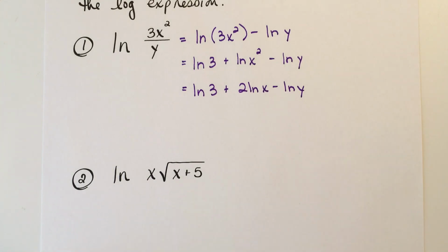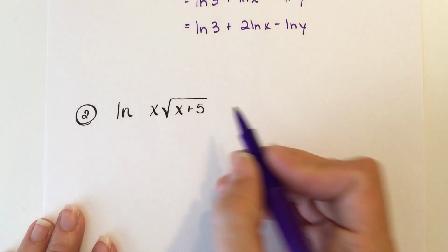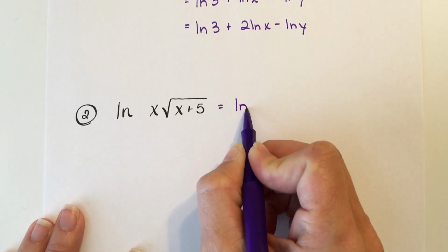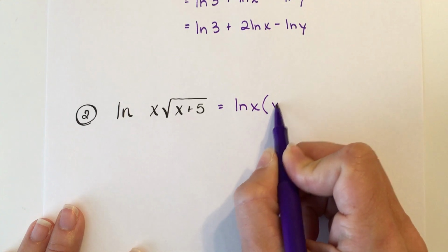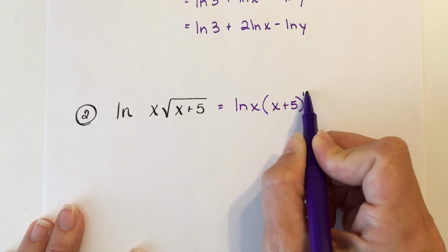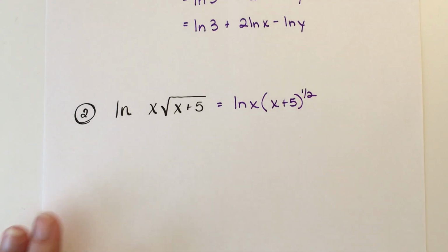Next, what you would need to do on the second one before you actually start using your properties is to rewrite the square root of x plus 5 as x plus 5 to the 1/2 power, okay? And that way you can use the property that's referred to as the power rule, the one that I used just a few minutes ago.